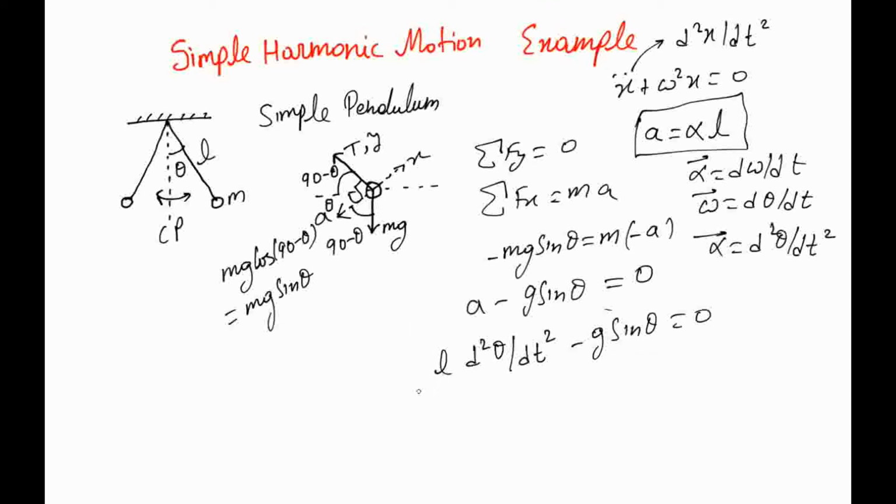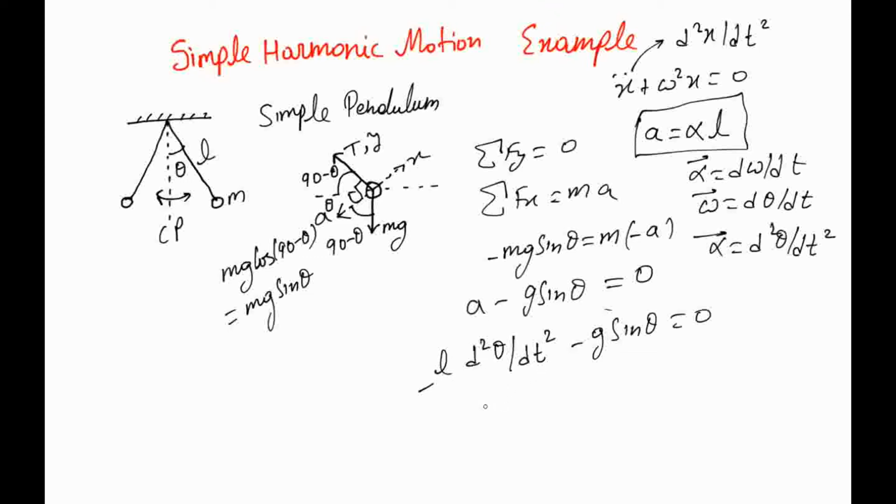Because you curl your fingers in the direction of alpha, your thumb should actually be pointing inside the screen. That means you should put a negative sign to make sure you choose the right direction.